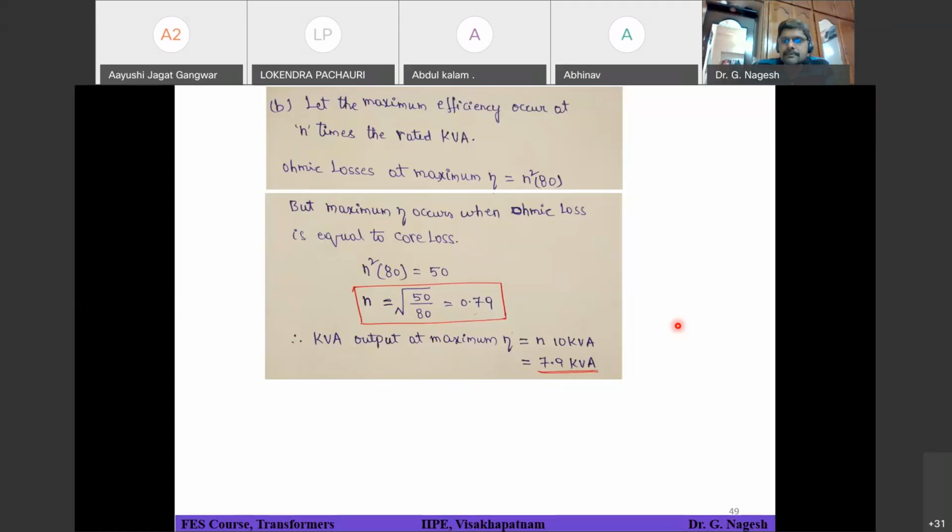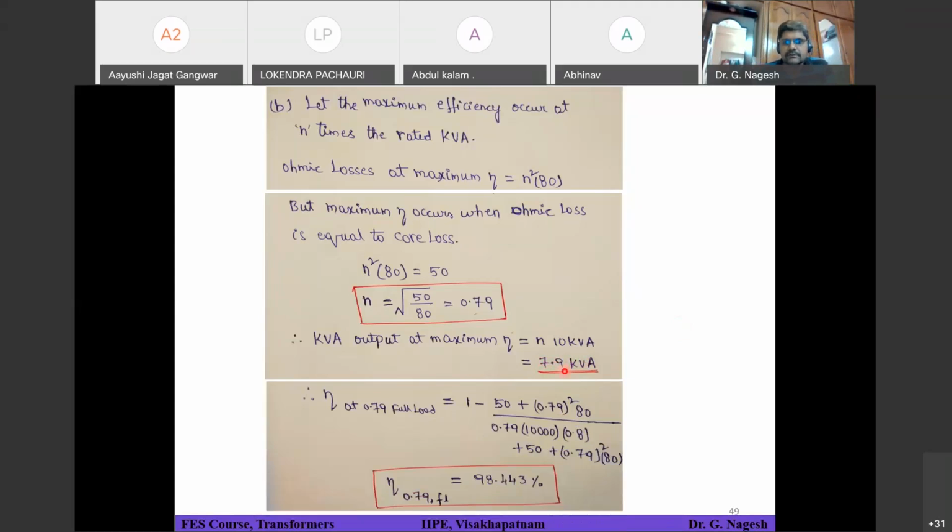Sir, the power factor... 7900 into 0.8, right? Because the output kVA is 7900 and you have to multiply with the power factor to get the output power.